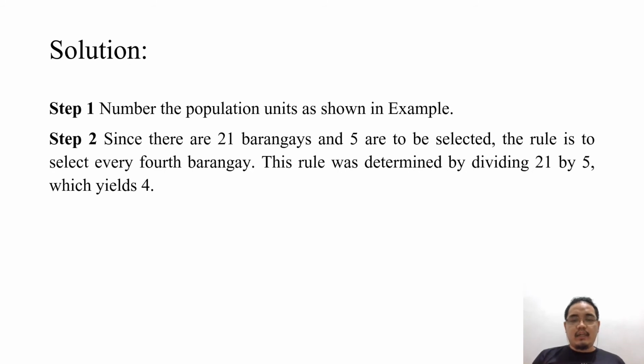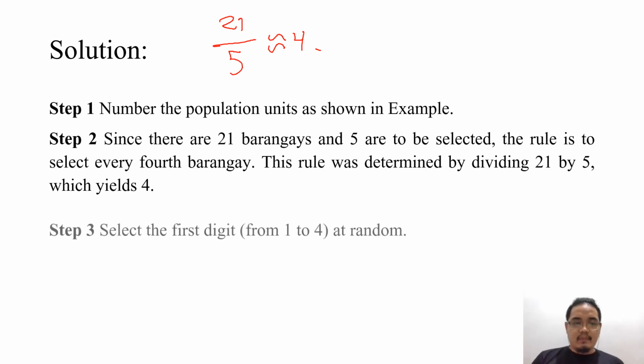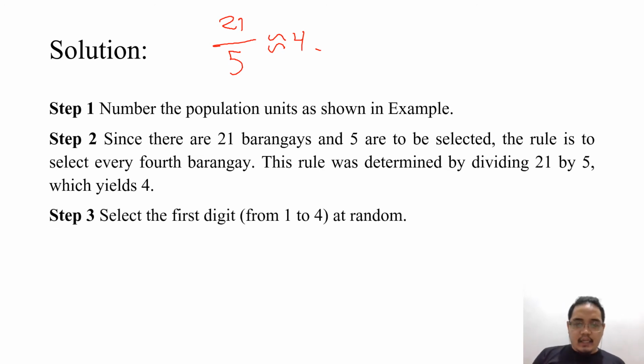Then next, since there are 21 barangays and 5 will be selected, ang formula is just to divide. So, 21 yung barangay divided by 5, kasi 5 yung pipiliin. So, this is approximately 4. Okay, so ibig sabihin, you select a number from 1 to 4 at random. Okay, so halimbawa, kung 2 yung napili mo, so 2 yung starting mo. Okay, kung 3, di 3 yung starting mo.